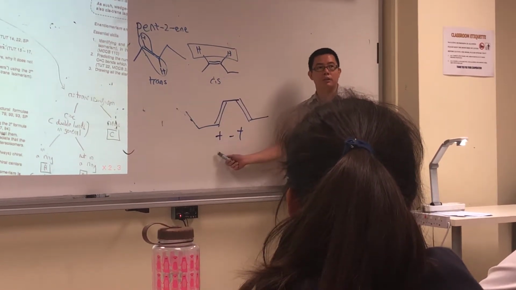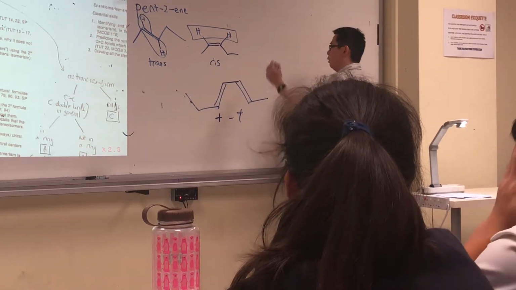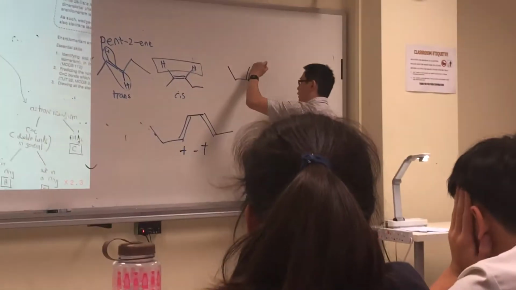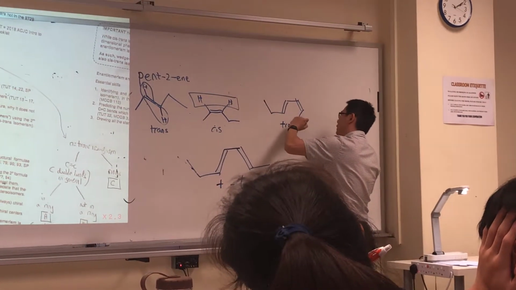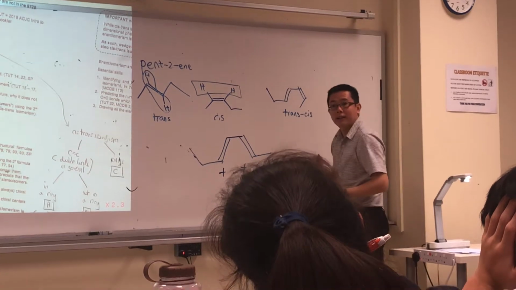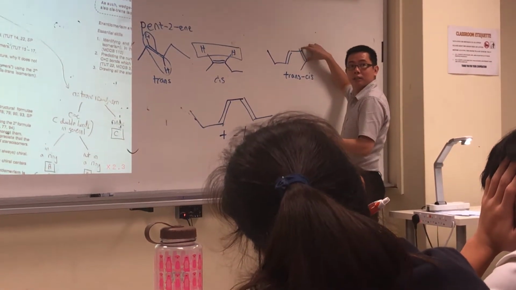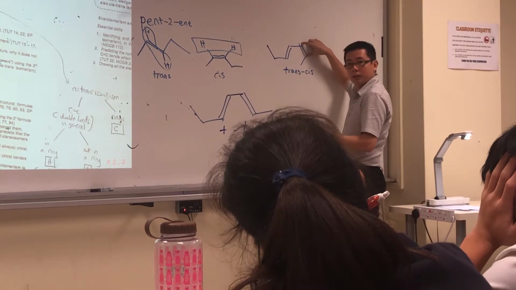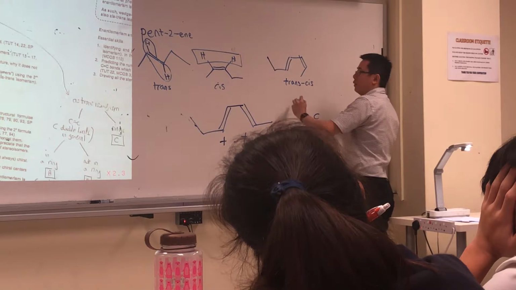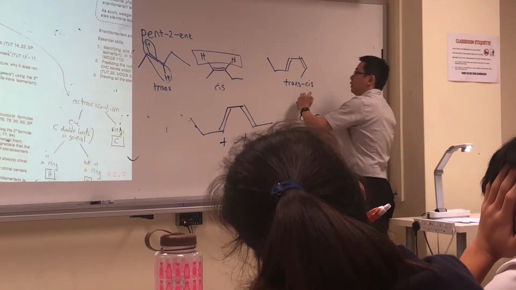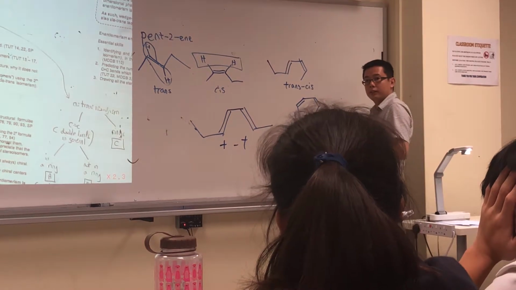Cis cis, trans trans, trans cis, cis trans. So I draw all 4 for you now. Trans, cis will be the next that I'll be drawing. Then the next one I can draw is cis cis.